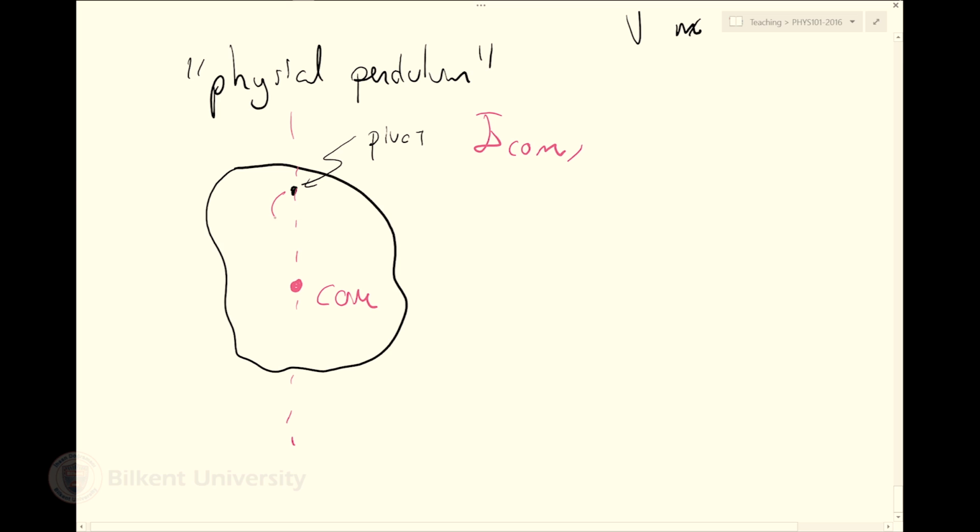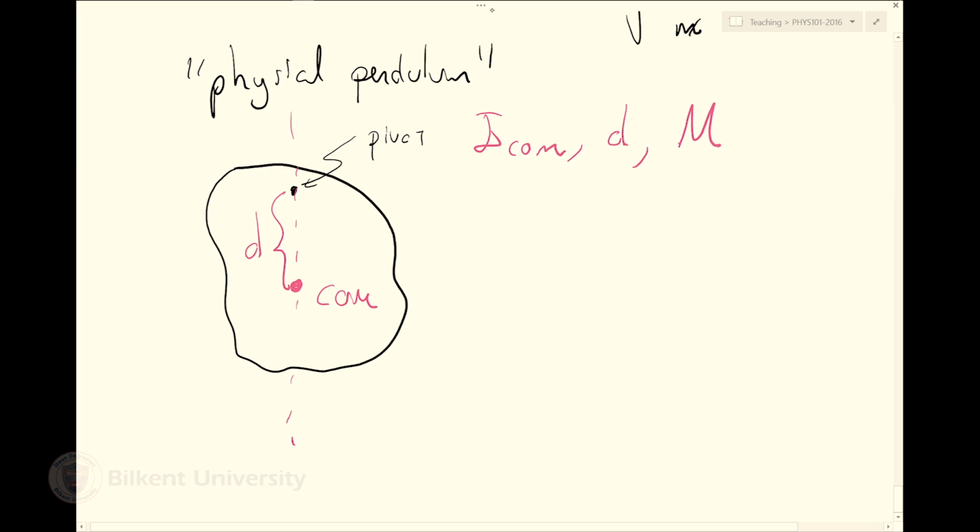I also know the distance d from the center of mass, and I know the full mass of this object, m. Let's try to figure out the frequency of small oscillations of this pendulum.